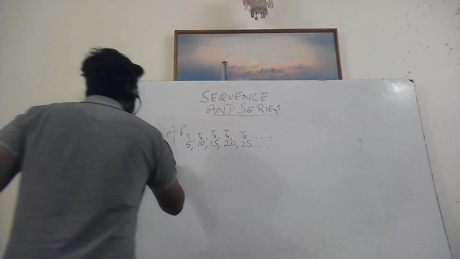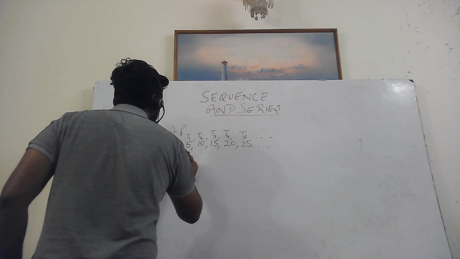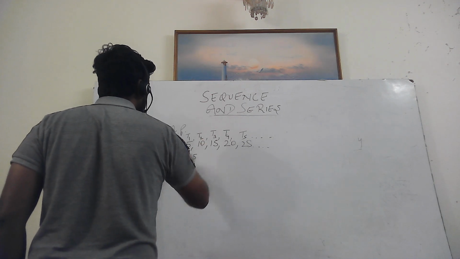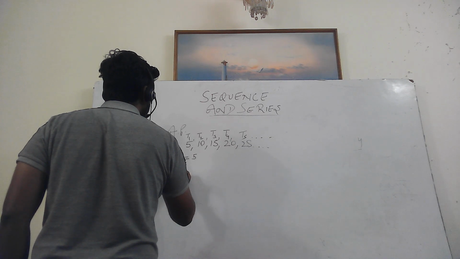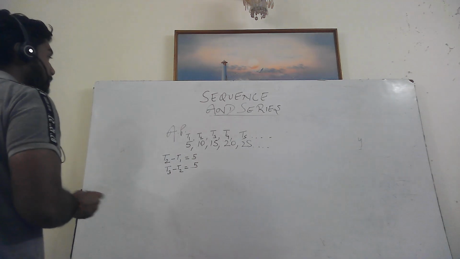अब देखो, T2 माइनस T1 कितना है? 5 है ना? T2 10 minus 5 is 5. T3 minus T2 कितना है? ये भी 5 है. क्लियर?